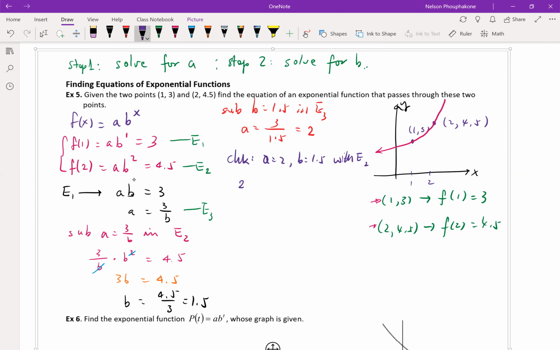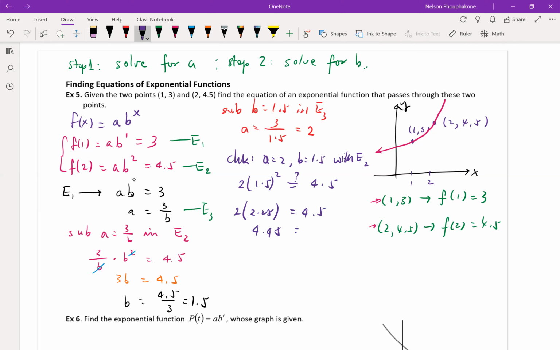Then I will have 2 times 1.5 squared. Is this equal to 4.5? Okay. And then now we know that 1.5 squared is 2.25. And once we multiply by 2, then we have 4.5 equal to 4.5.